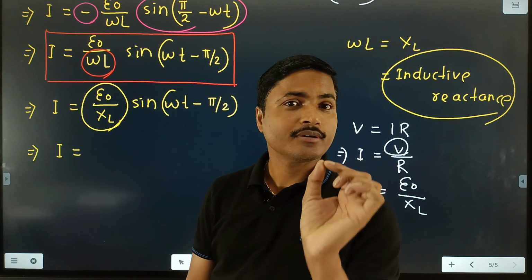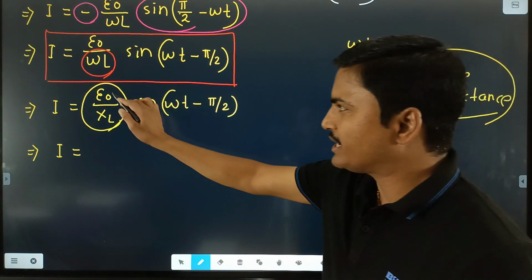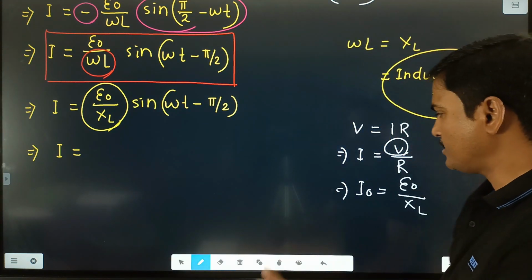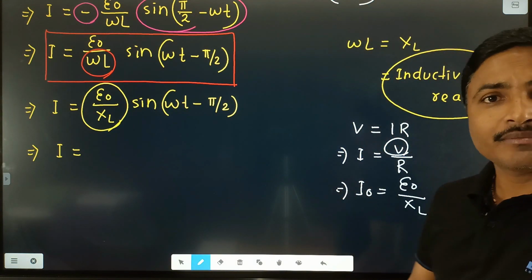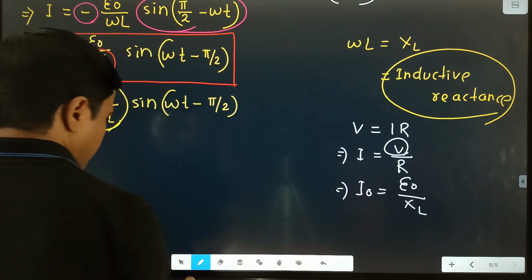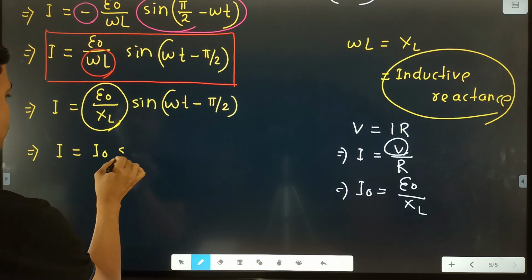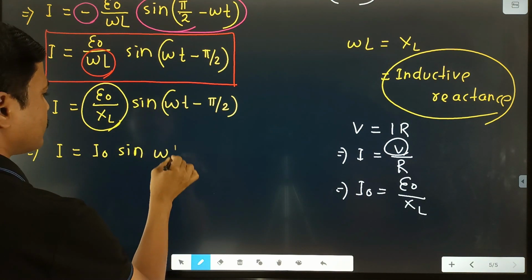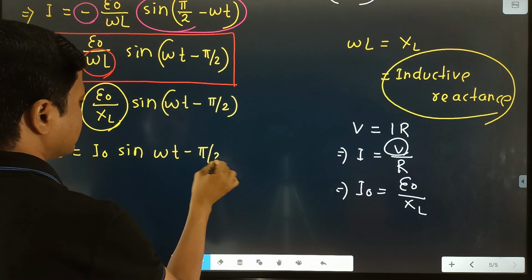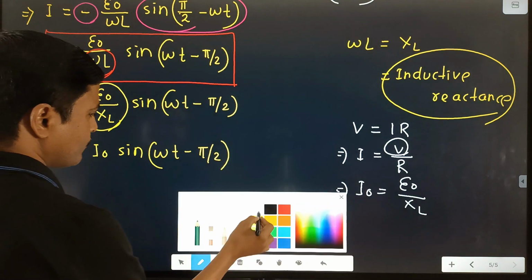That is the peak value of the alternating current, I0. So the expression becomes I is equal to I0 into sin of omega t minus pi by 2.